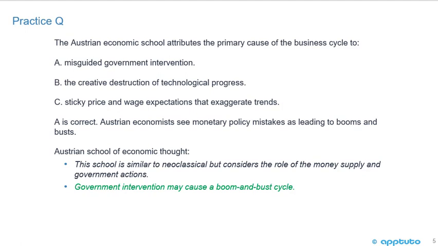So a little bit tricky. We didn't see anything about creative destruction or sticky prices, but we did talk about government intervention. You can see the two words government intervention. So in that case, A is correct. So again, attention to detail with regards to the language.